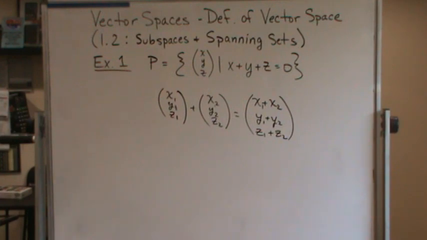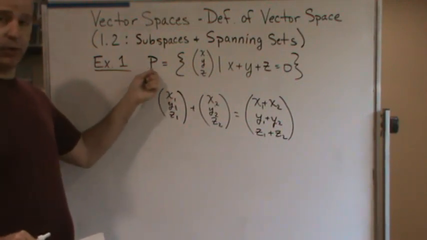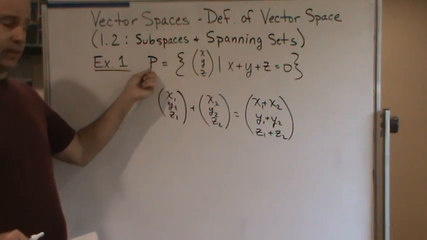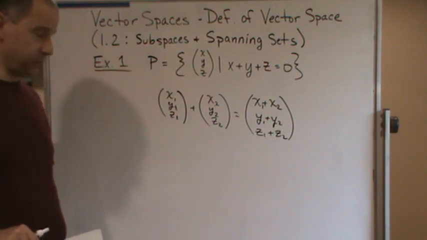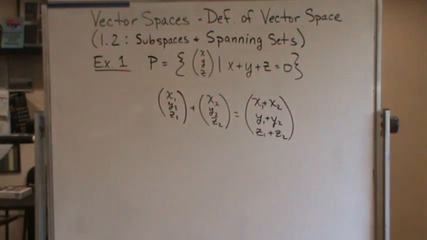Okay, now, to show that this is a subspace, we only note that it is a subset, and then we're just going to verify that it's a space. So obviously the plane going through the origin is a subset of R3, all three-dimensional space.